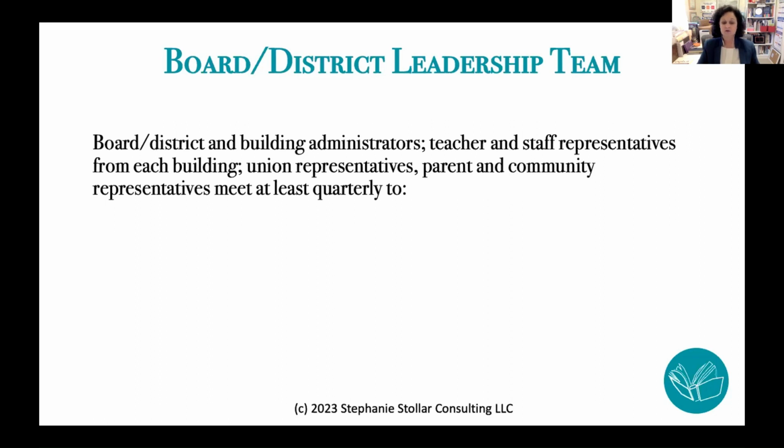Here are some suggestions of the people who should serve on your leadership team at the board or school district level. The idea here is to get diverse representation, to make sure that all the voices of your various constituent groups within your board are represented in the planning and decision-making that's happening at the board level.